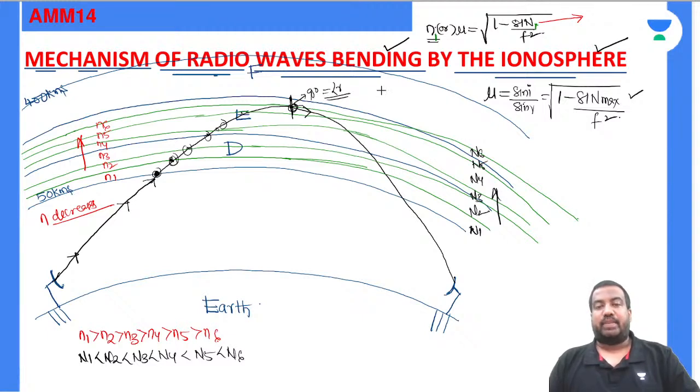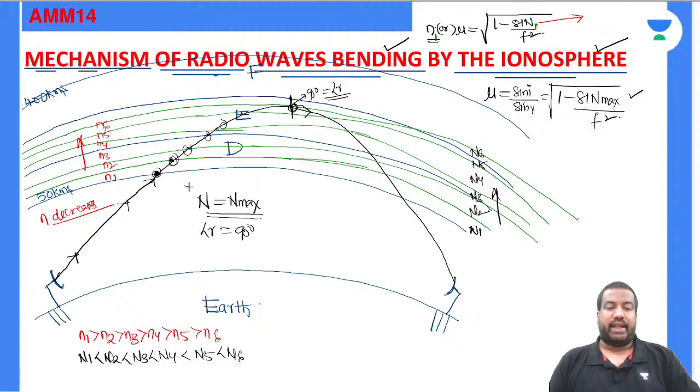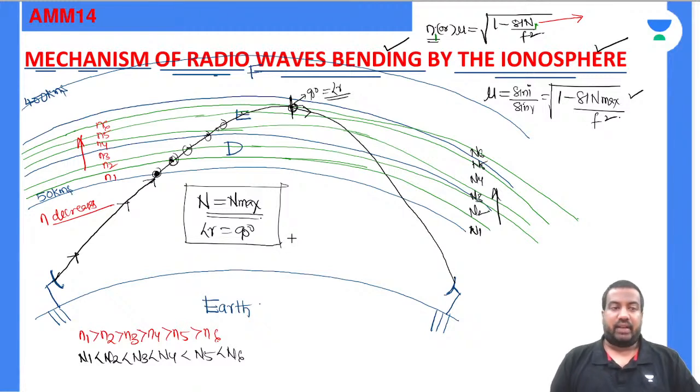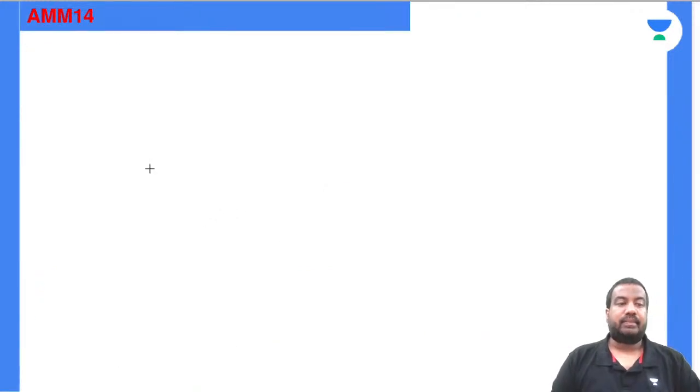And N is always maximum. So I'm going to confirm two conditions. At the point when the wave is coming back, always N is N max. Angle of refraction is always 90 degrees. So can I confirm these two conditions?